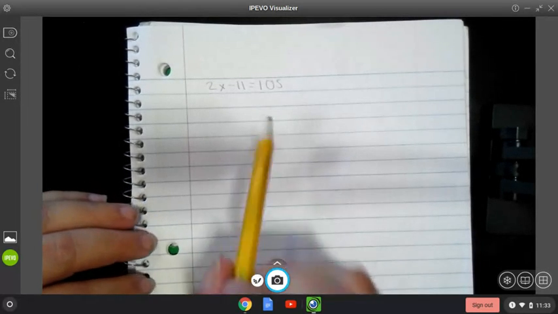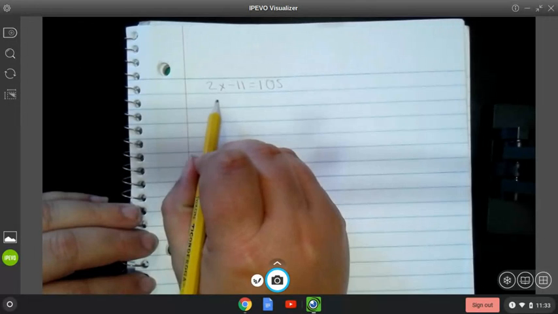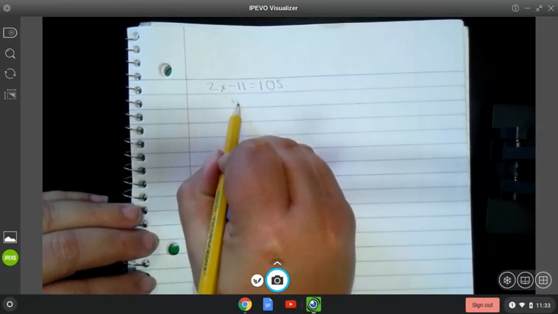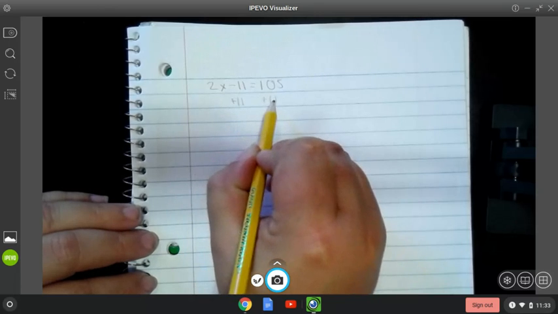So our first thing is we want to get our x by itself. So we have minus 11, so we're going to add 11 to each side.